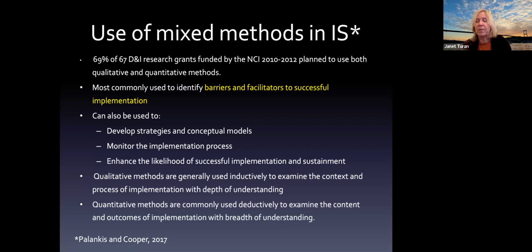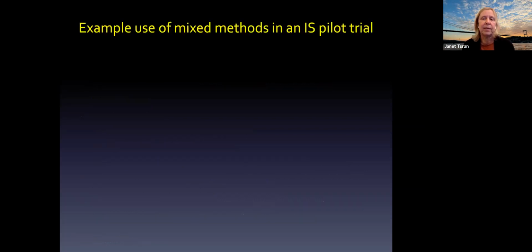And then quantitative methods are used deductively to examine the content and outcomes of implementation with breadth of understanding. So it's clearly a useful set of tools for implementation science studies.